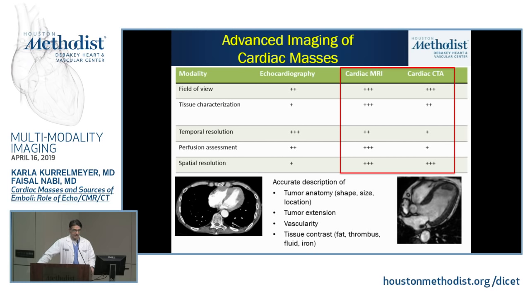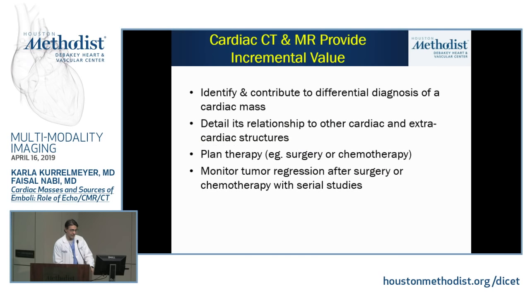But regardless, when it comes to just describing the mass by its anatomy, where it extends into, and how vascular it is, both these techniques can do very, very well.